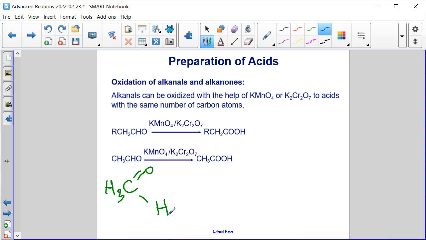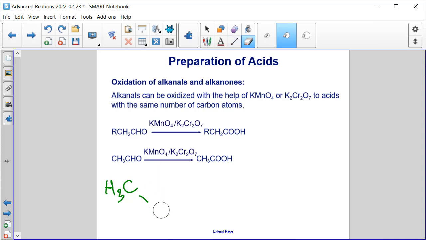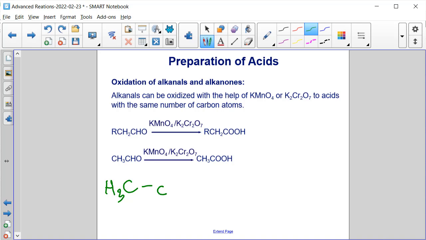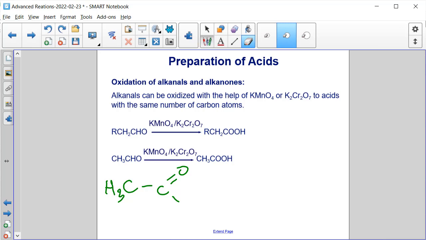So what are we doing here? Well, I missed a carbon, so let me fix that. I have 2 carbons. C, double bond O, H. All right, so this is the starting product here.